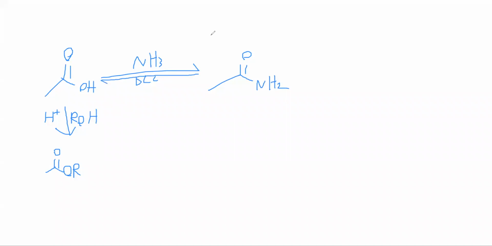The reactions with acid chlorides and acid anhydrides aren't really reversible because the acid chlorides and acid anhydrides are so reactive you can't really go back. But these are, so you can go back and forth between them. It just depends on what you add to them. So these are just some things you can do with carboxylic acids.